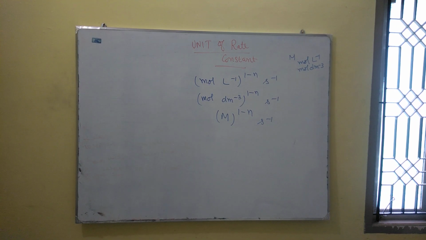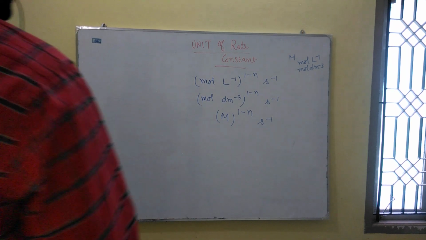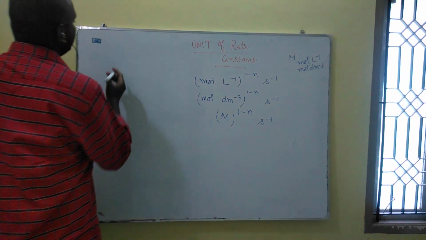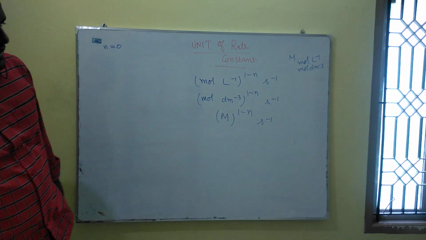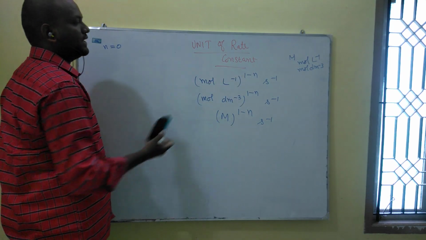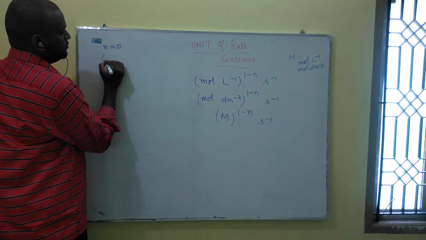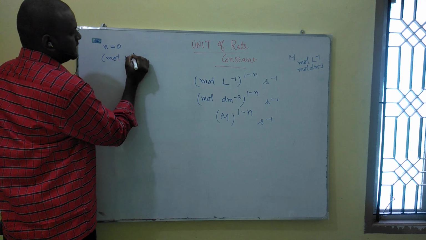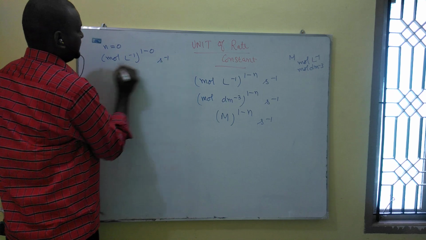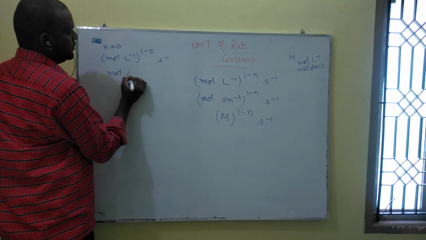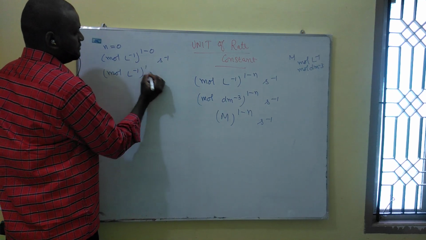Based on this unit of rate constant, you can calculate the unit for any order of reaction. Suppose n is equal to 0. You simply take mole per liter power 1 minus n per second, where n is equal to 0. So you will have the answer mole per liter power 1 per second.